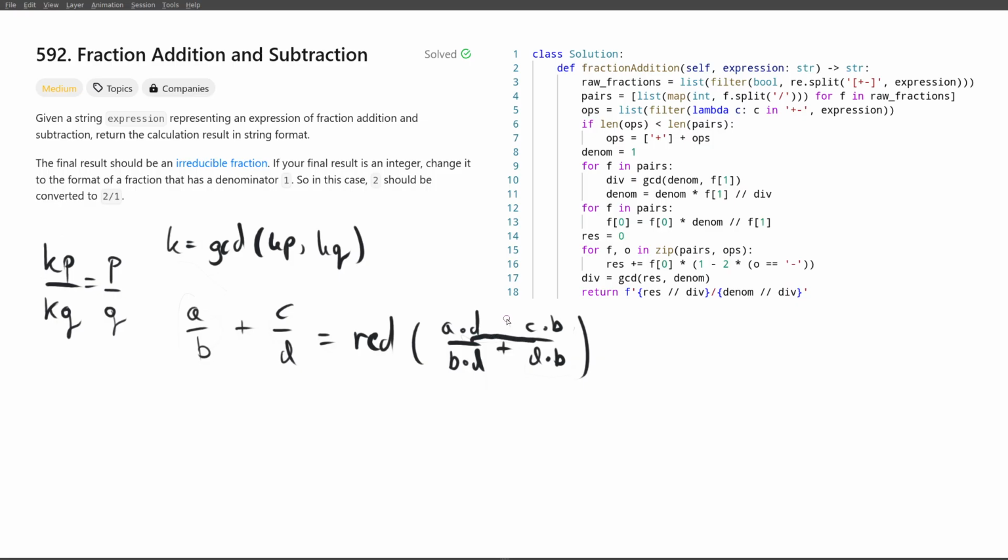So this is the same thing as if we put the plus here, and d times b is here. That's the basic idea: you multiply it across and reduce it using the GCD.